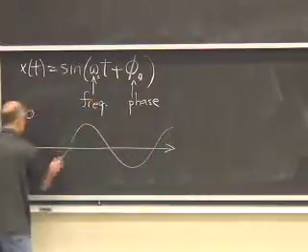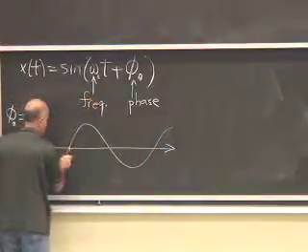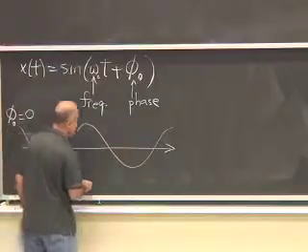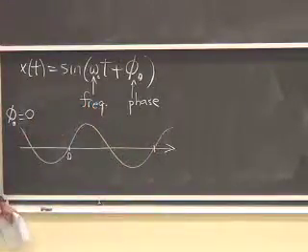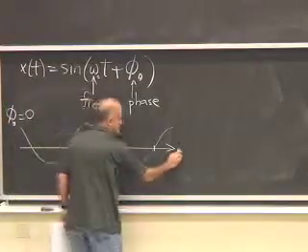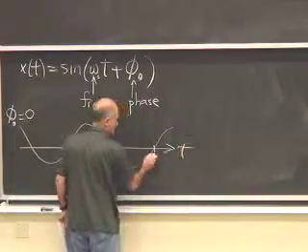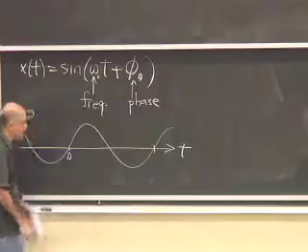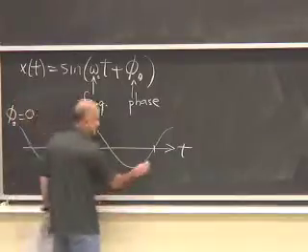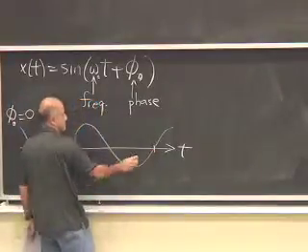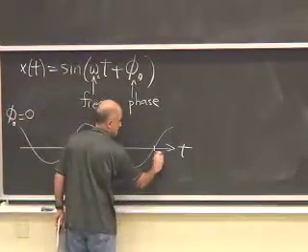Something like that. This is 0. And what would this number be? It's the period, but what is it? 2 pi over omega naught.